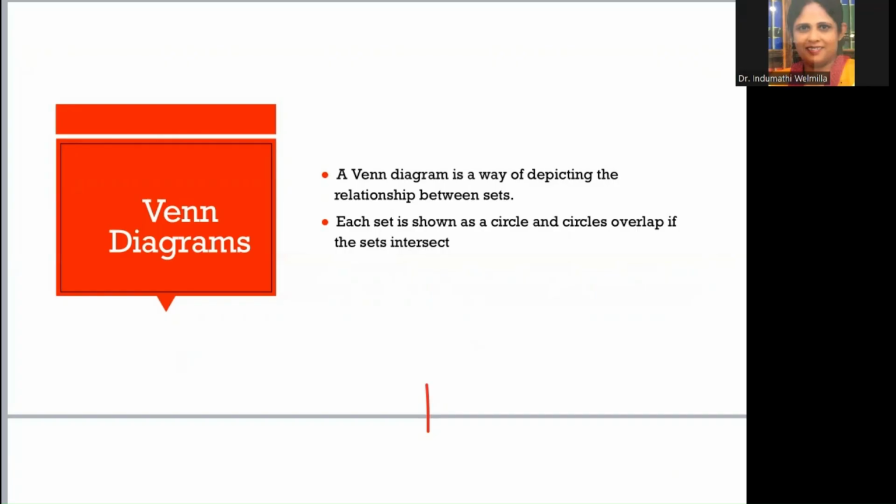And also the area where circles overlap represents the set of elements which are in all of the sets corresponding to the overlapping circles. We call this area the intersection of the sets.